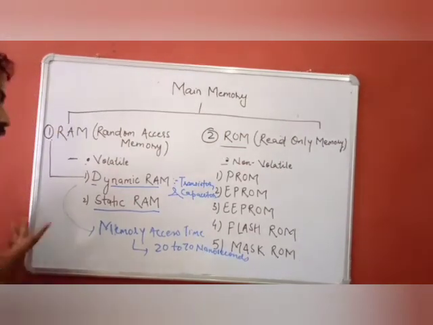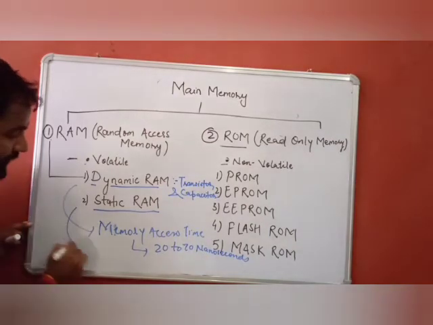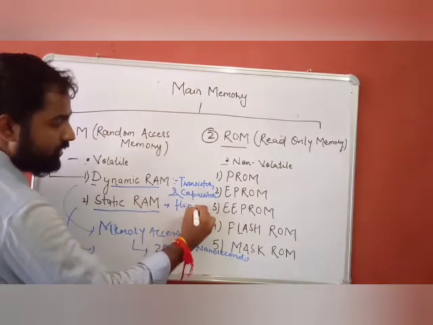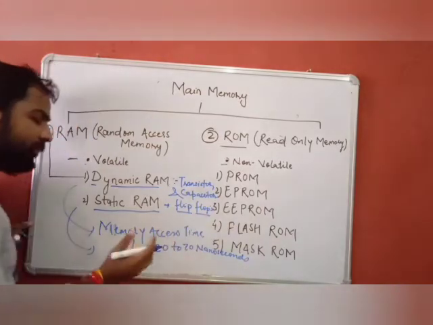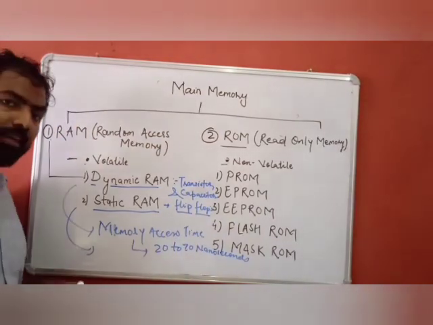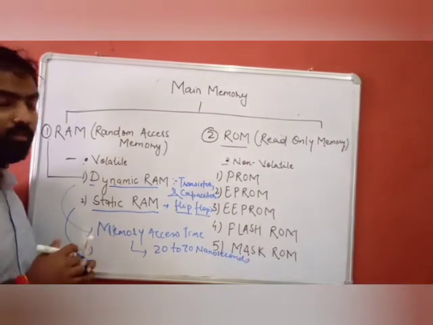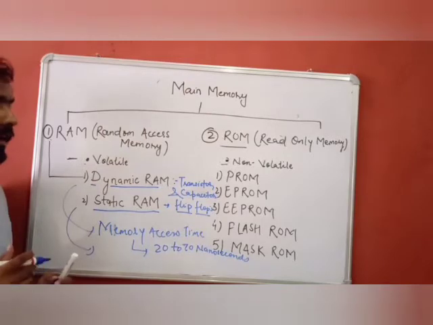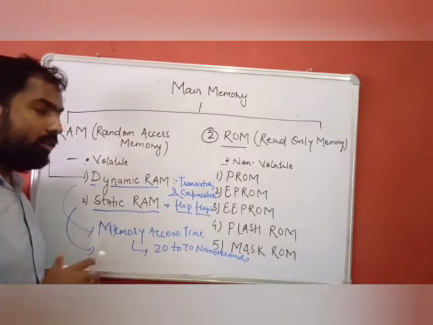Now talking about static RAM. Static RAMs are made from flip-flops. What are flip-flops? That is not in your course. Basically, flip-flops are circuits. You only have to know that flip-flops are circuits. Static RAMs are made from flip-flops, and they are much faster in comparison to dynamic RAM.